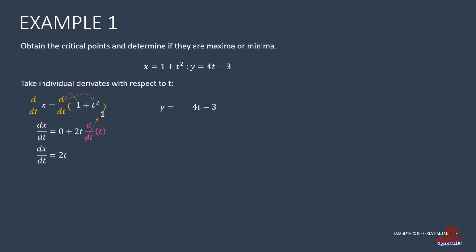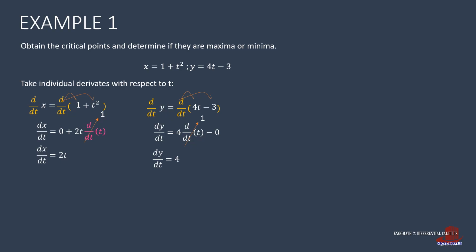Next is y, which is 4t minus 3. Distribute d over dt among the terms in the binomial, making dy over dt as the constant 4 with dt over dt, then attach minus 0. The derivative of the constant 3, dt over dt cancels out, thereby having dy over dt as 4.